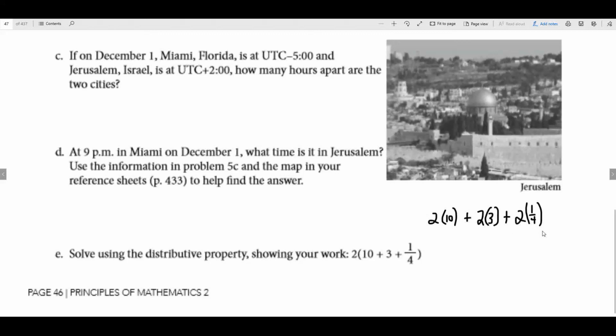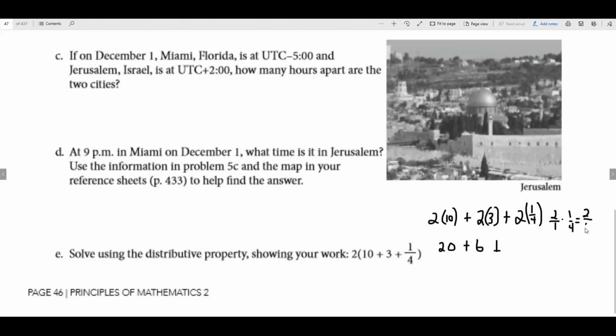Now, obviously it's not your answer, so you're going to get your answer and bring them down. And then finish the equation. 2 times 10 then would be 20 plus 2 times 3 is 6 plus, now 2 times 1/4, remember 2 over 1 is 2, times 1 over 4 gives us 2/4.